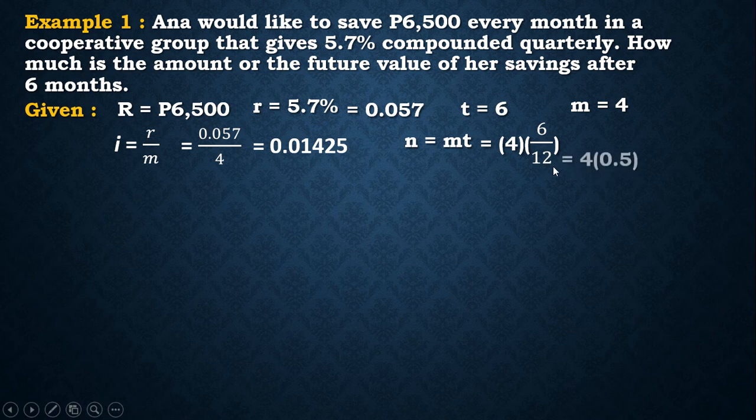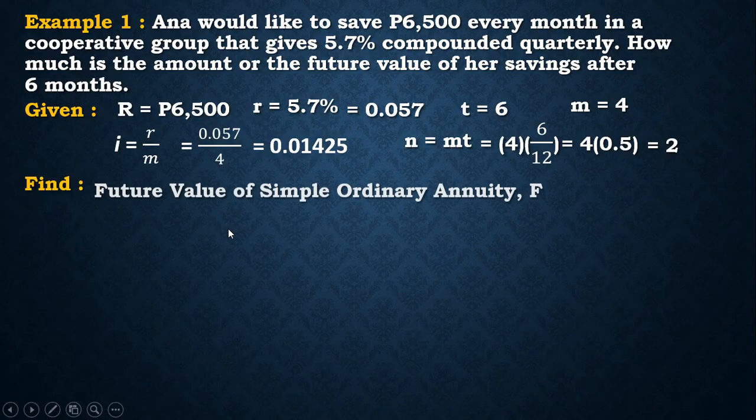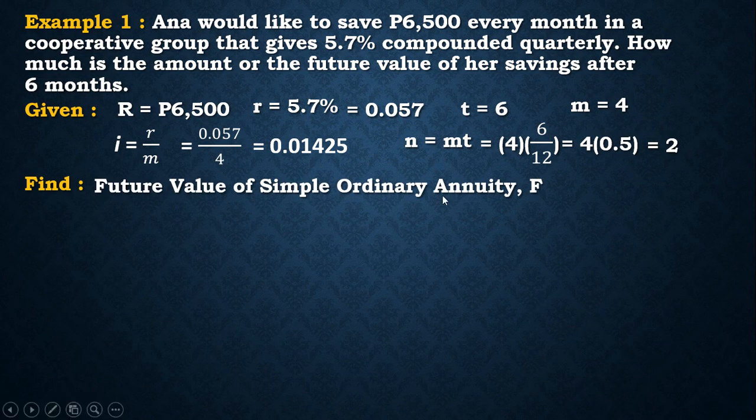So, 6 divided by 12, that is 1/2 or 0.5. And then we have to multiply this to M, that is equal to 2. So, ang N natin is equal to 2. Okay, we have to find the future value of simple ordinary annuity, which is denoted by big letter F.